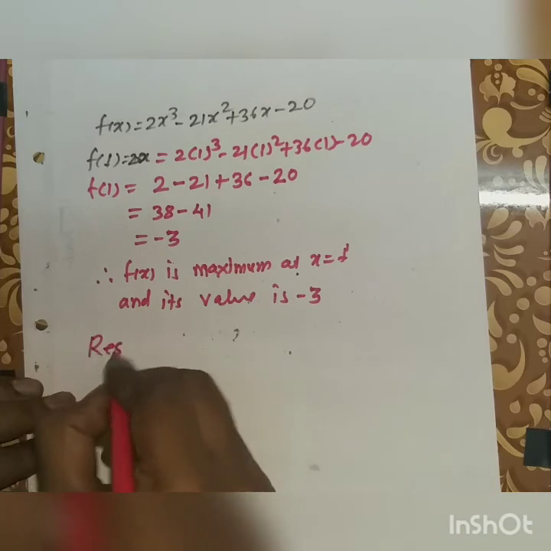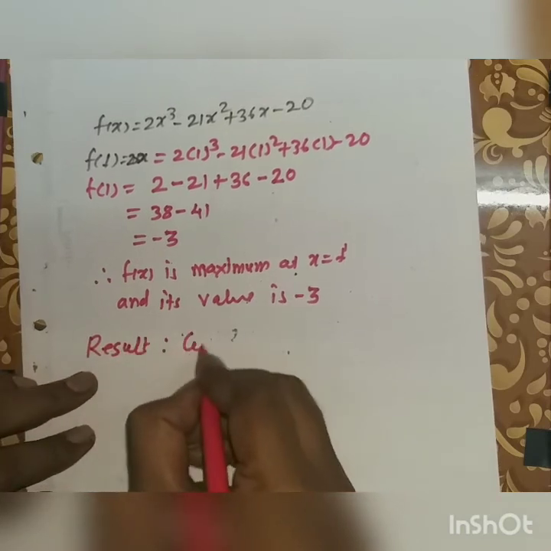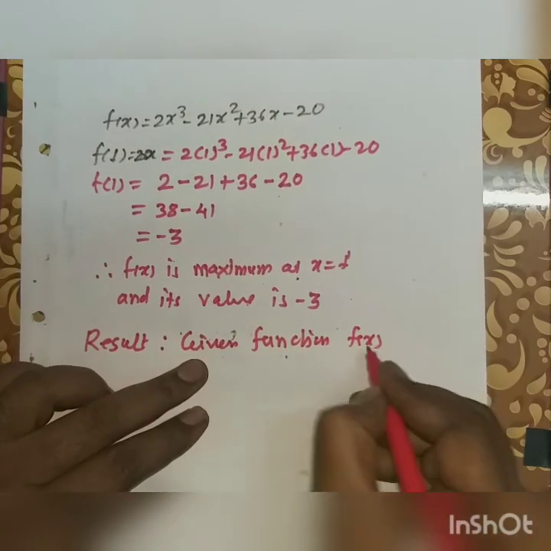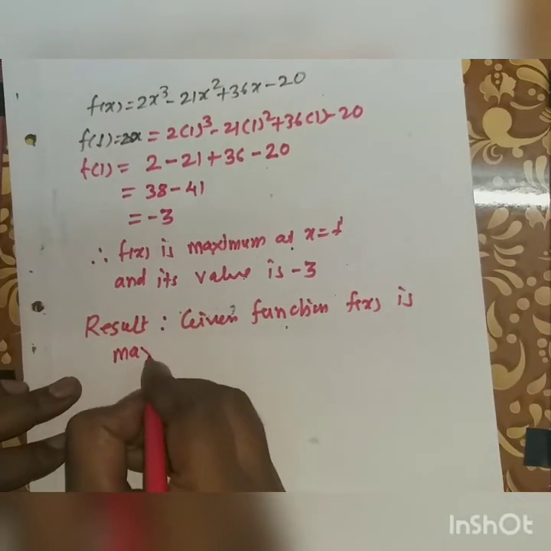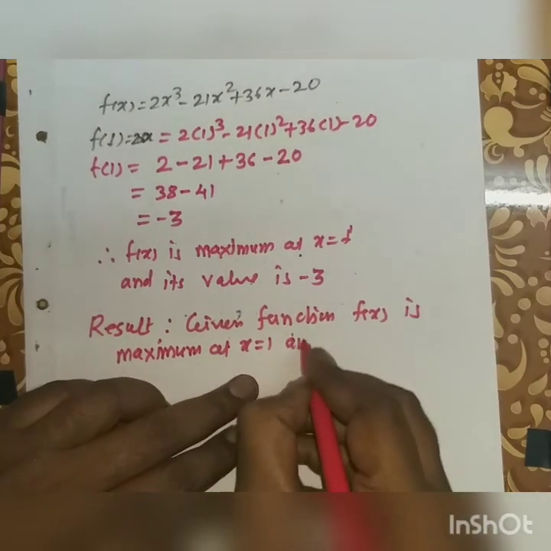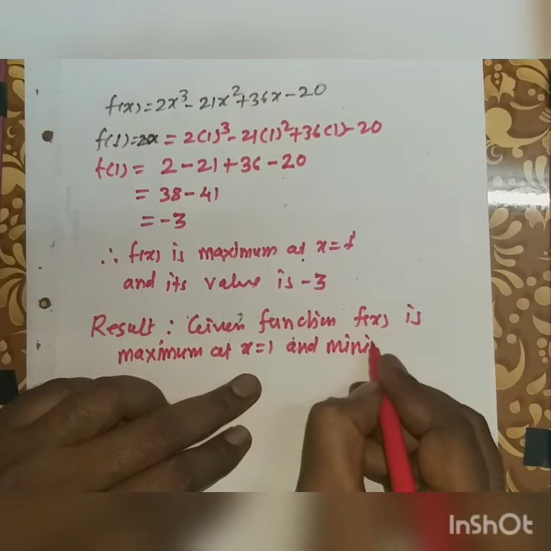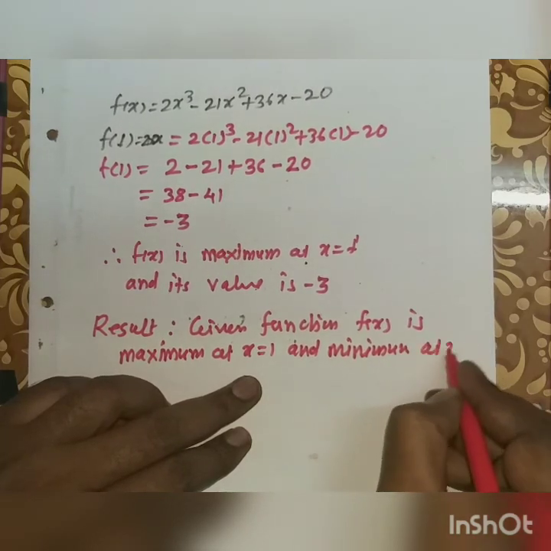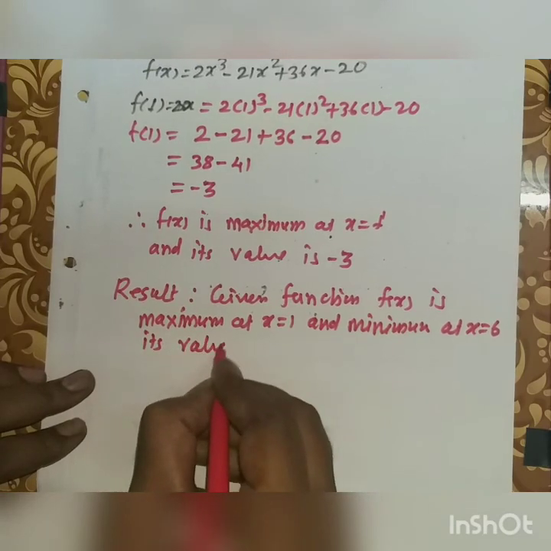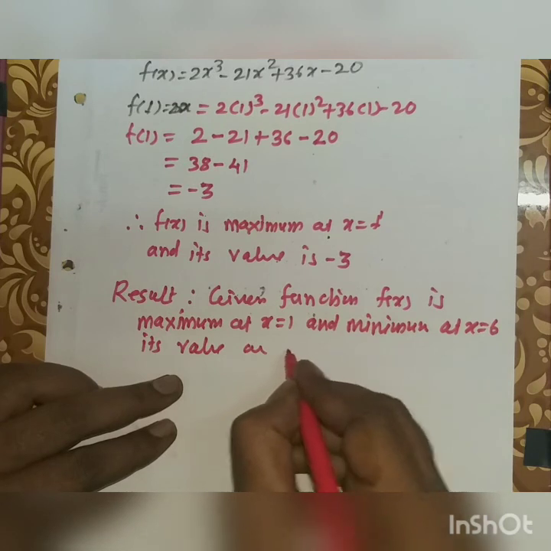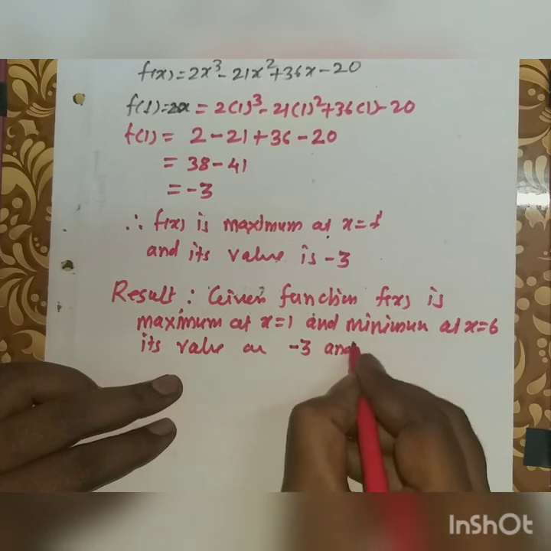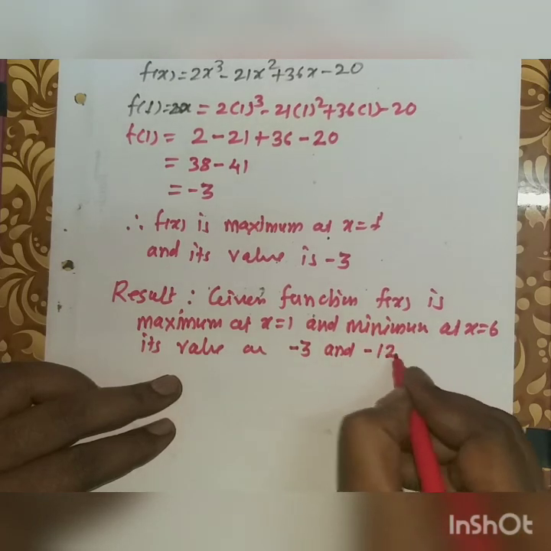And finally the result: the given function f of x is maximum at x is equal to 1 and minimum at x is equal to 6. The maximum value is minus 3 and the minimum value is minus 128.